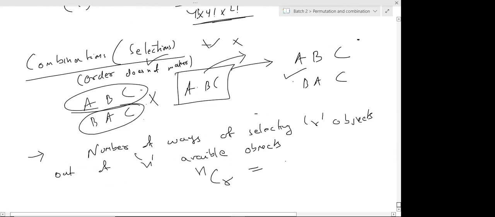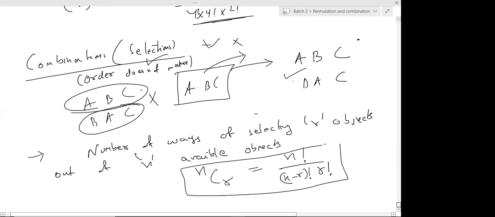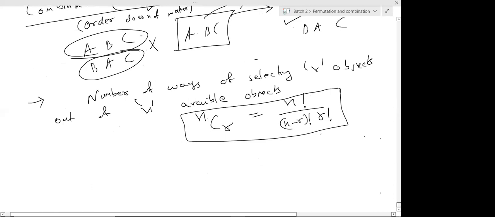All right, in the formula you remember n factorial upon n minus r factorial into r factorial. If you have to choose r things out of n things, then nCr. All right, write it down, then we'll solve a few questions.